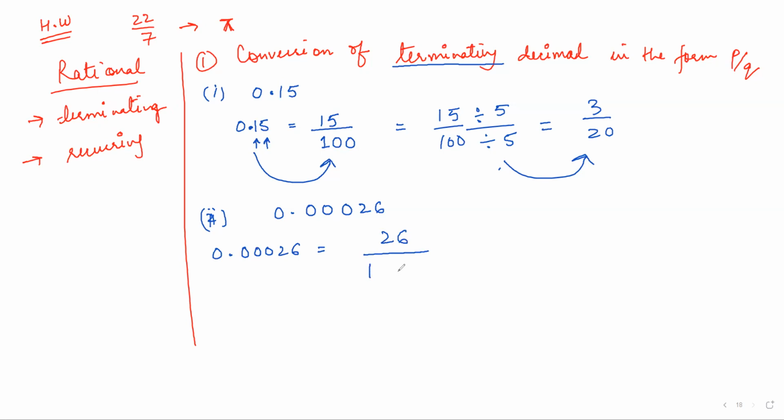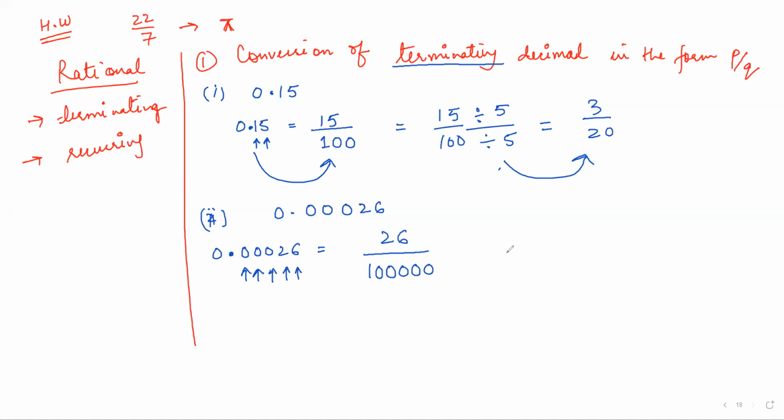Tell me the number of zeros. Start from 5 here: 1, 2, 3, 4, and 5. So after 5 digits you are having a decimal. You have to divide by 5 zeros. Clear?